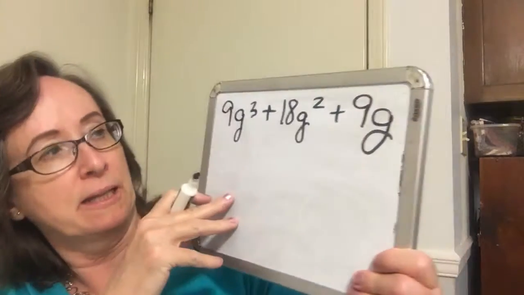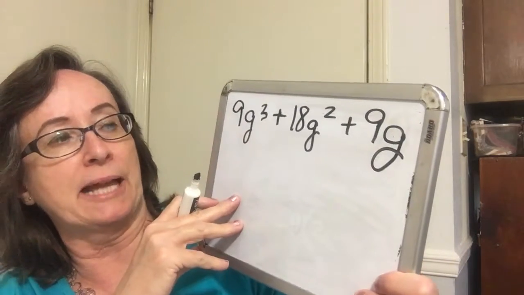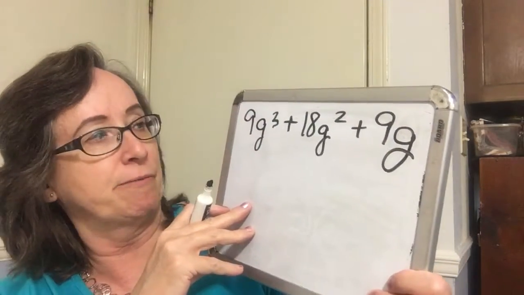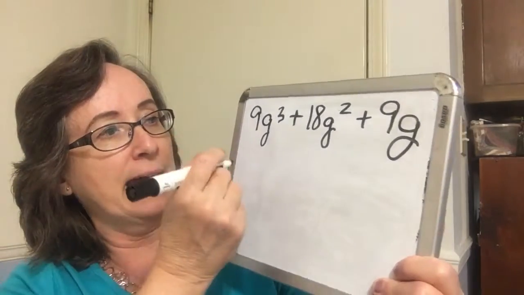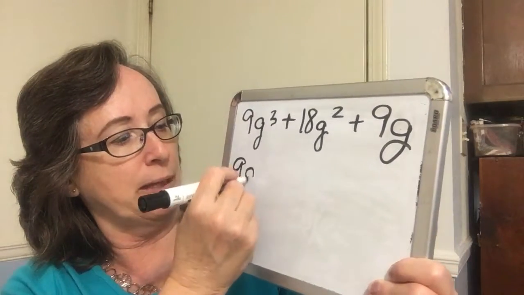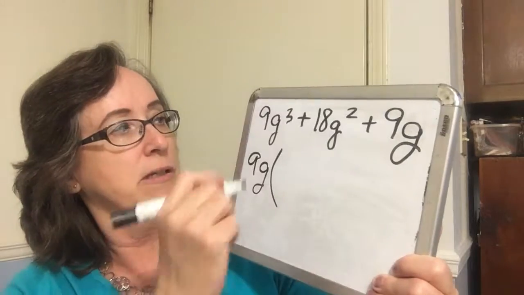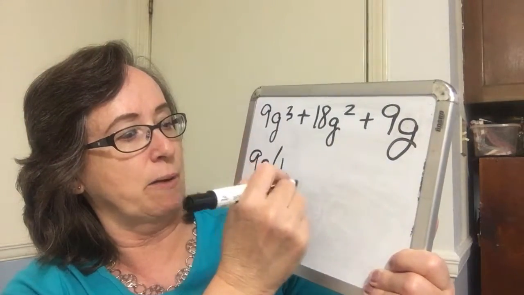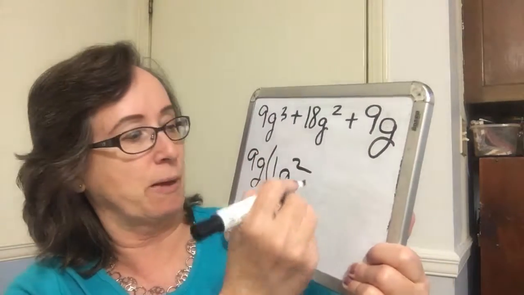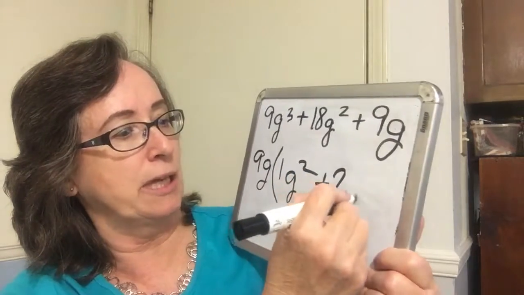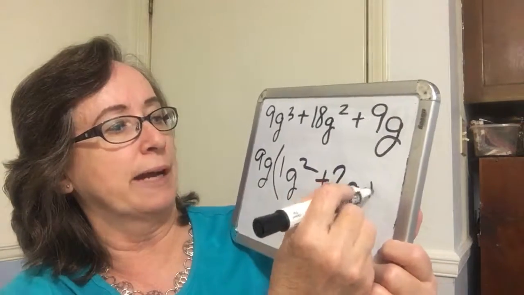All right, look at this one. The first thing we want to do is pull out our greatest common factor, which is a 9g. So when we pull out a 9g, what do we have left? We have a 1g squared, which is a perfect square, and we have a 2g, and we have a 1.